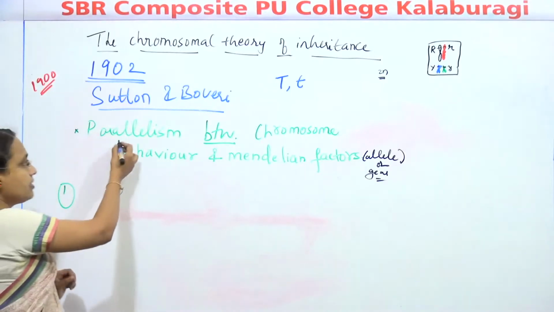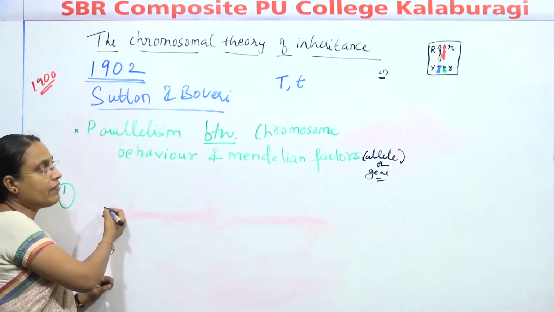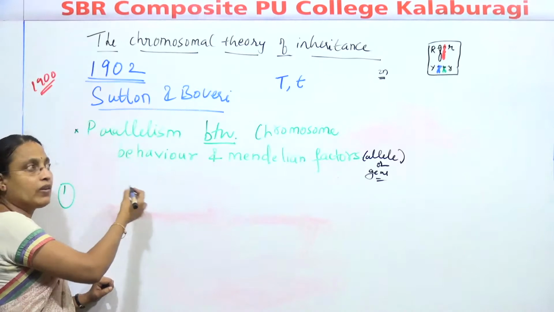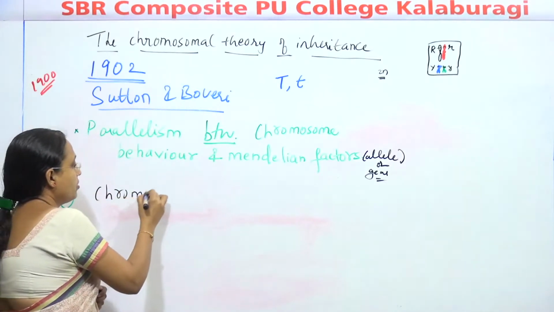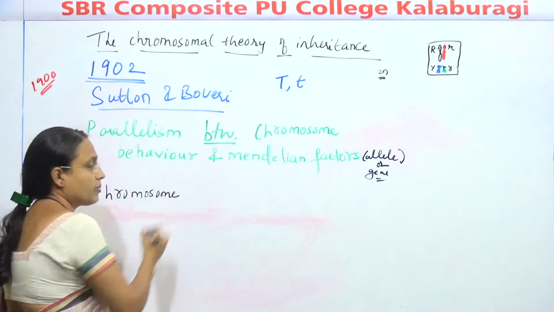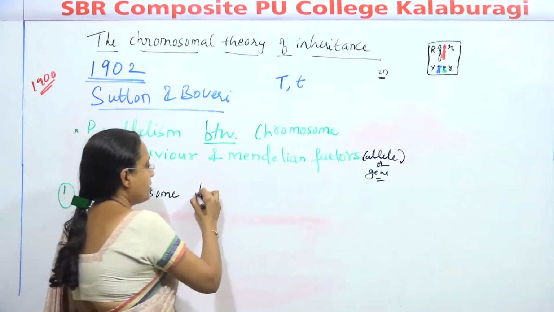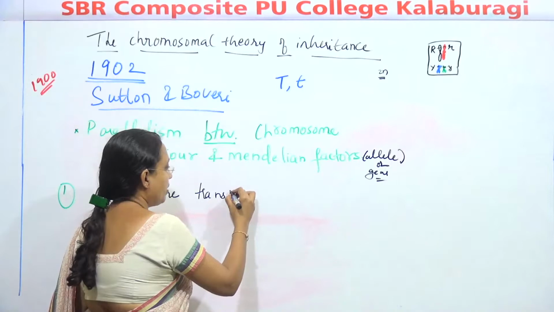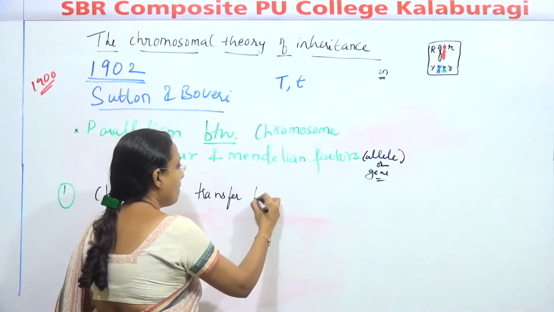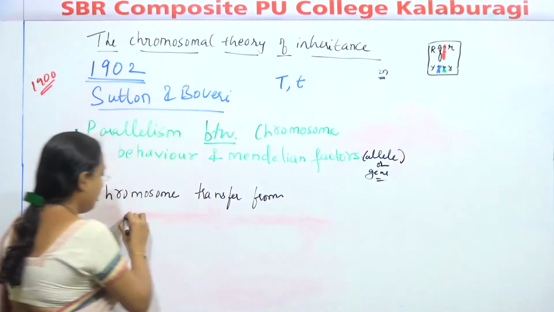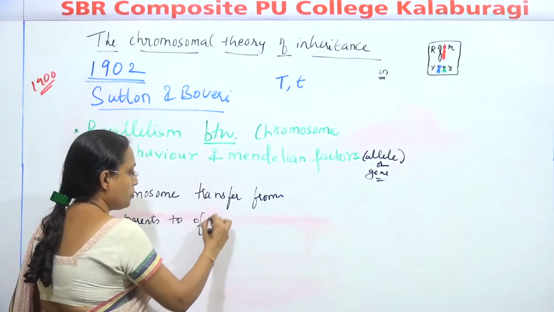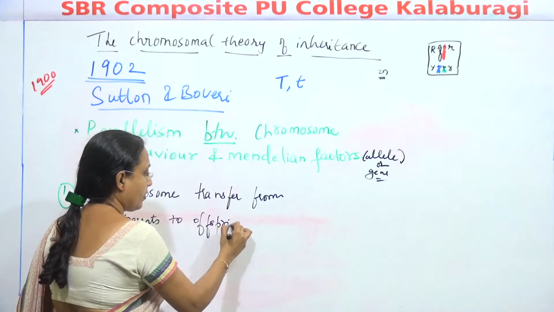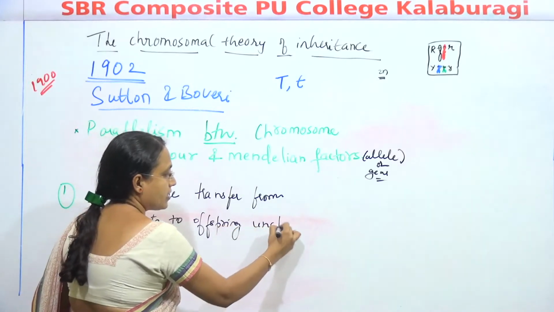All these movements of the chromosomes are part of chromosomal behavior. So here, the first similarity between the Mendelian factor and chromosome behavior is that chromosomes transfer from parents to offspring unchanged.